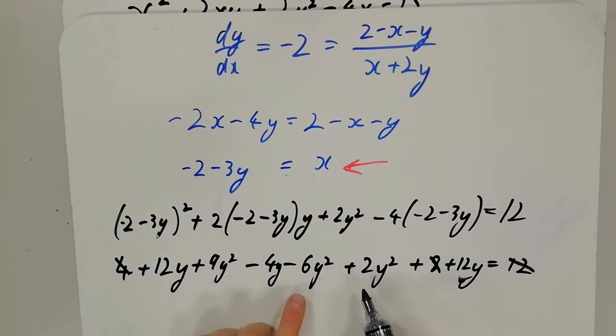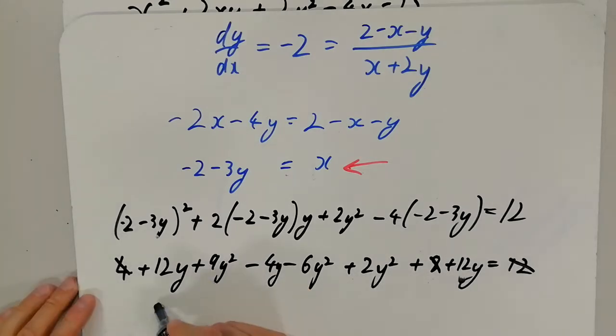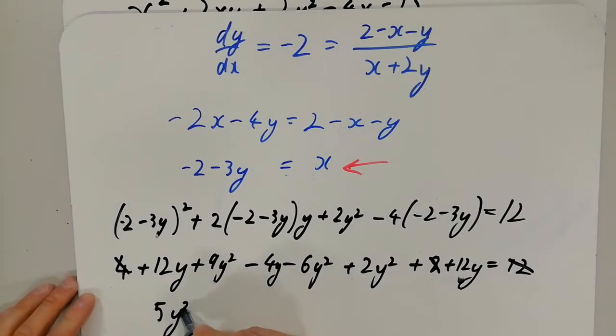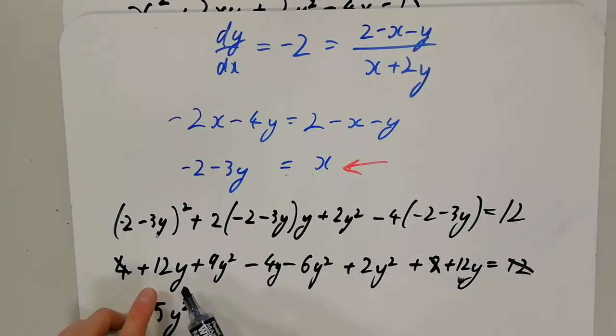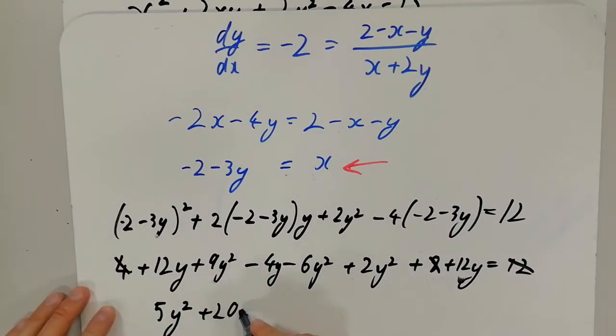I've got minus 6y squared and minus 4y squared, so I've got 5y squared. And then I've got 12y and 8y, 20y. And all of my constants have cancelled out. That's quite nice.